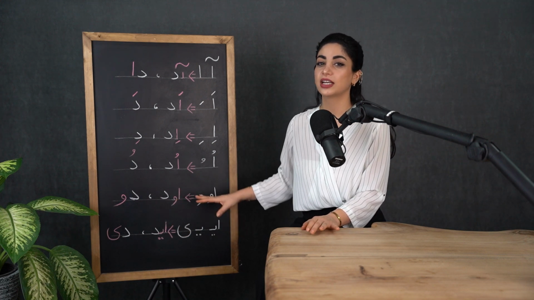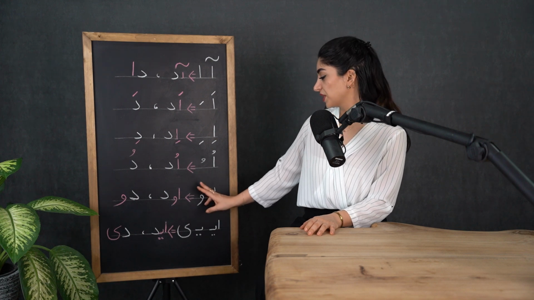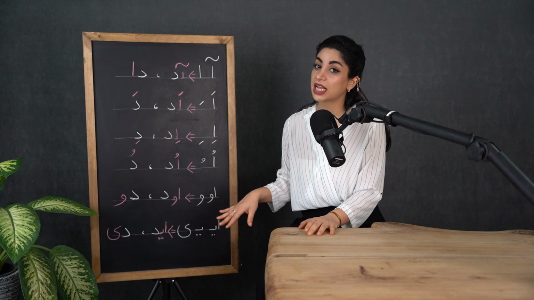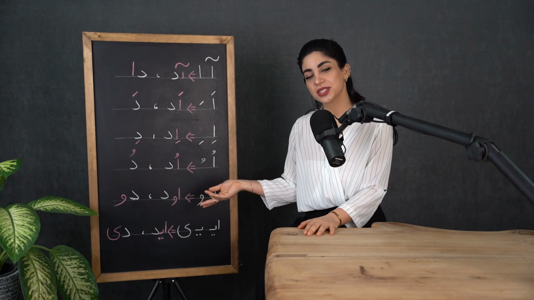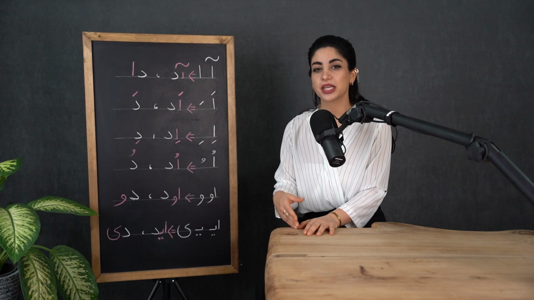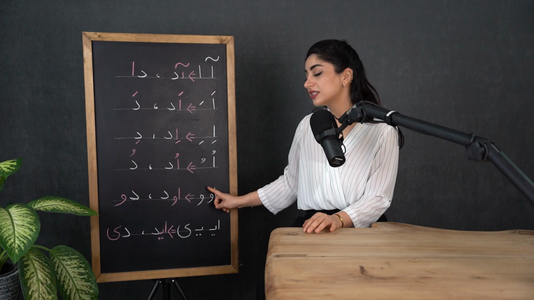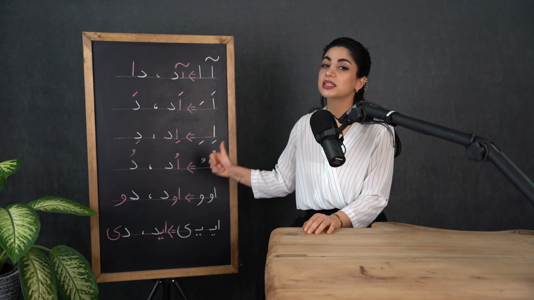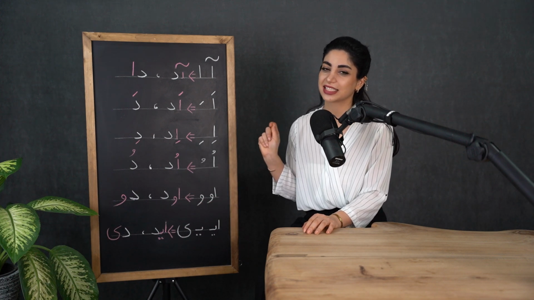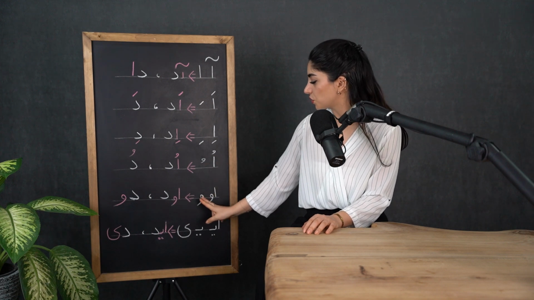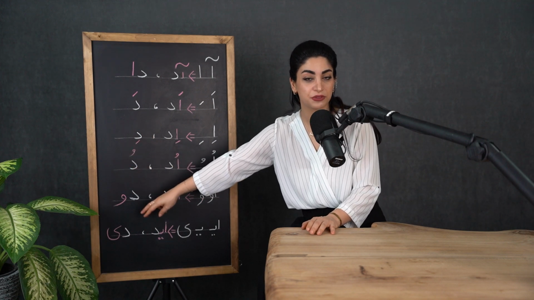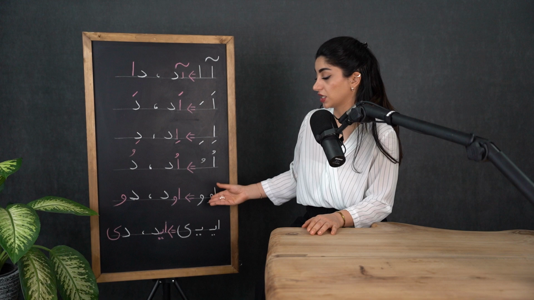Ud. This one sometimes attaches, sometimes doesn't. It comes in the middle and at the end. Whether this one attaches depends on the consonant that it comes with. So right now this comes after the D, because it's the way it is.